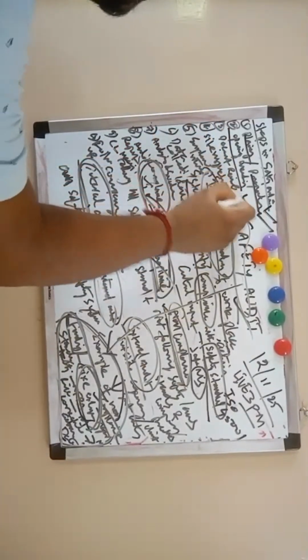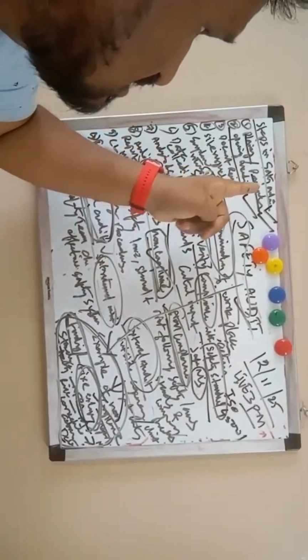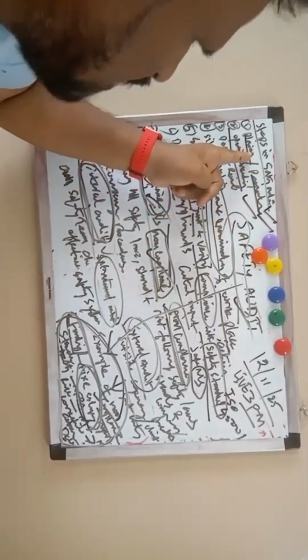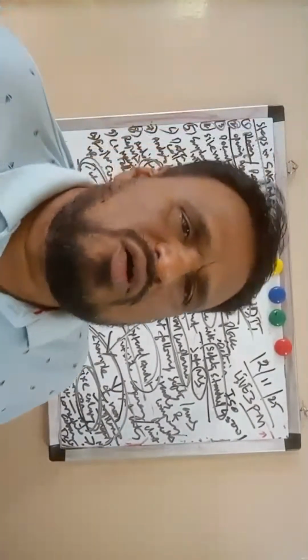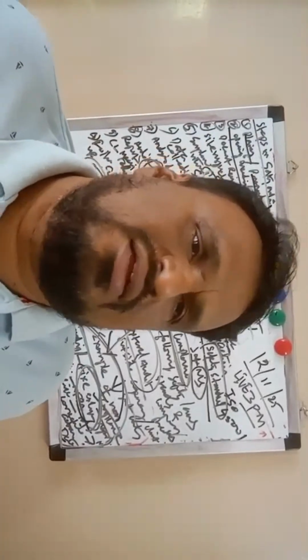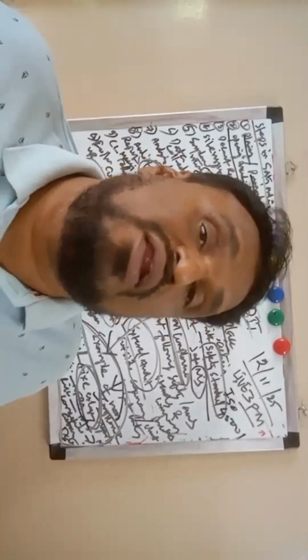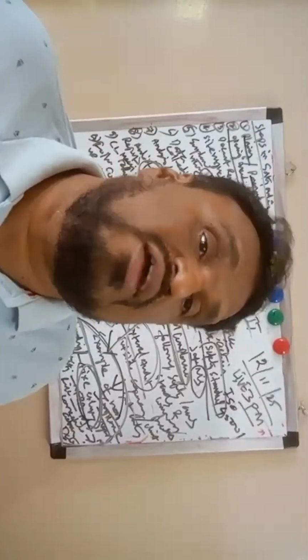The steps in safety audit: first, planning and preparation. Second one is the open meeting. On that day, top management, executive people and everyone assemble in the conference room.